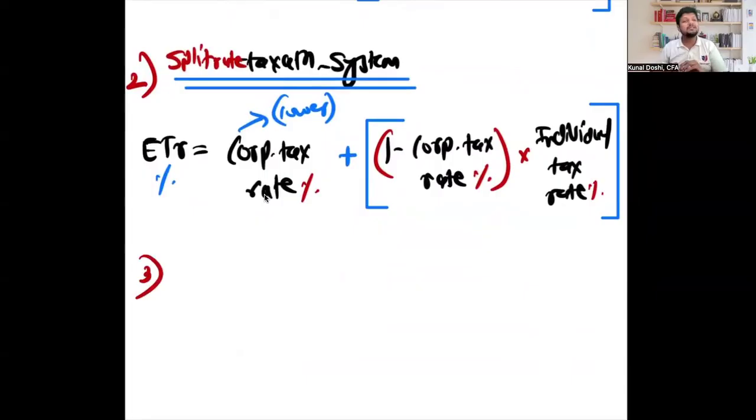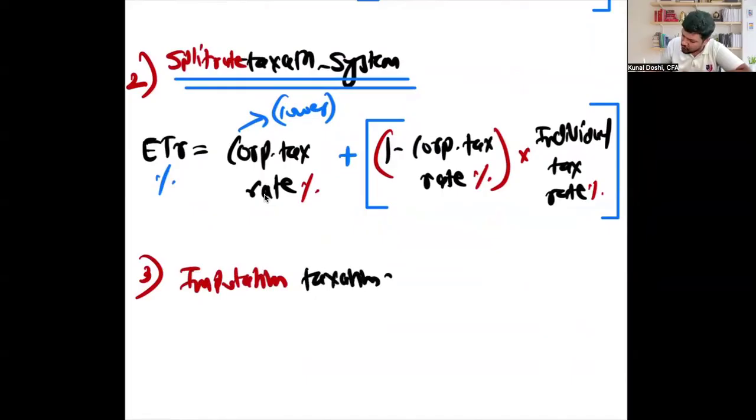Under the third system, which is called the imputation taxation system, here you do not have to do any calculation. Why?